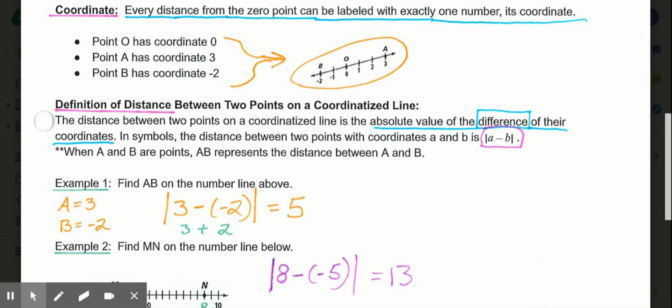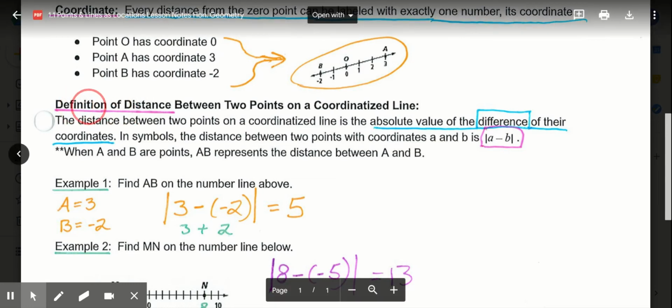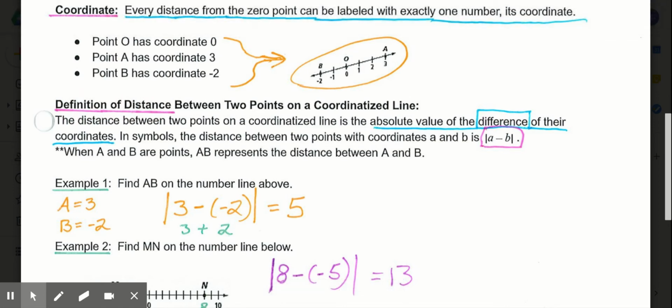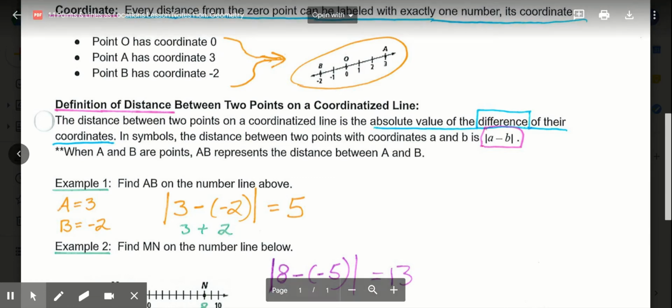If you're answering for distance, there's a reason we use the absolute value. An absolute value always makes the final answer positive. A rule in mathematics is that distance, plain distance, cannot be negative. So if you ever get a negative answer, you probably forgot to apply the absolute value.